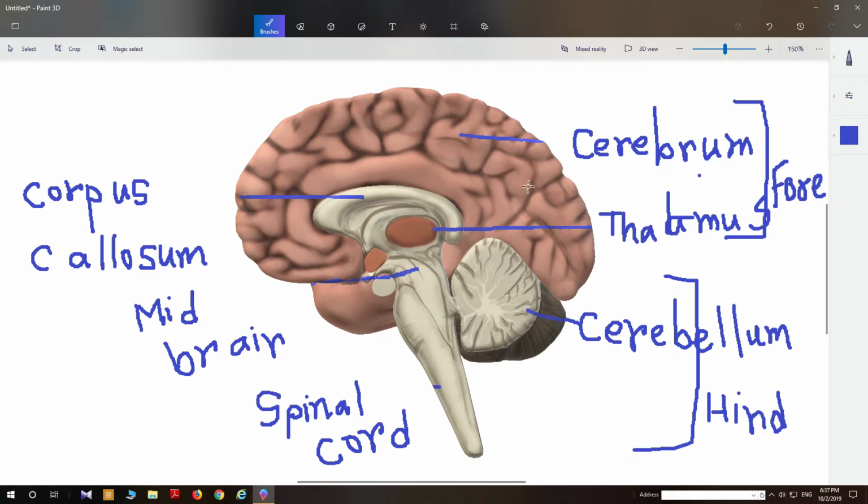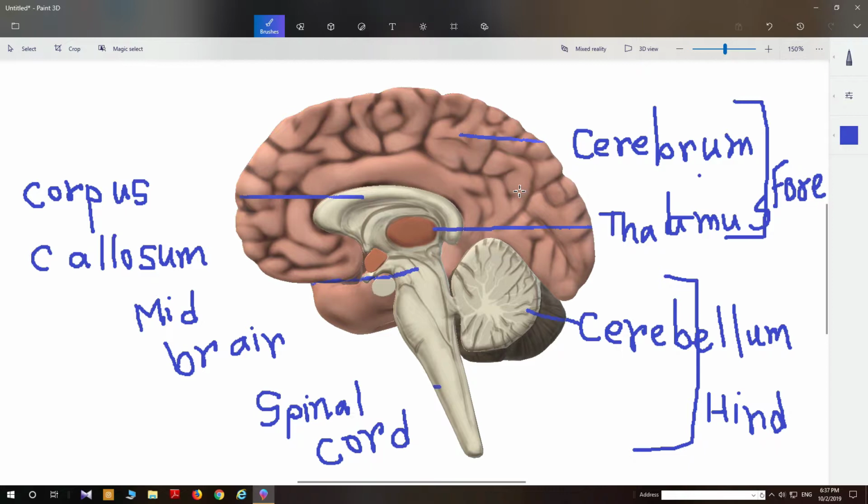These are the cerebral hemispheres, and there is a bunch of nerves between the two lobes named the corpus callosum.